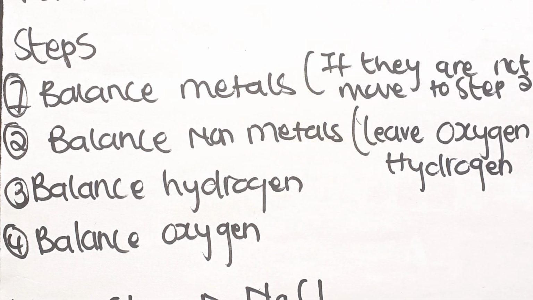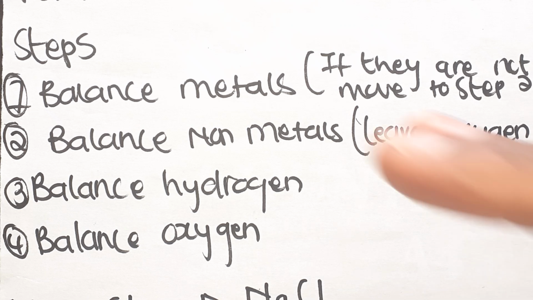And if there are no metals in the chemical formula that you are given, you will go to step 2, which is to balance non-metals. But with these non-metals, you leave out oxygen and hydrogen. So look at other non-metals that you are given in a chemical equation, but leave out oxygen and hydrogen.